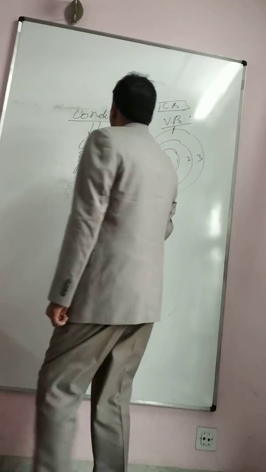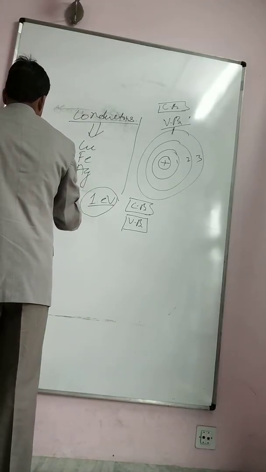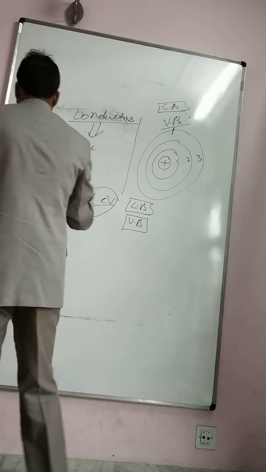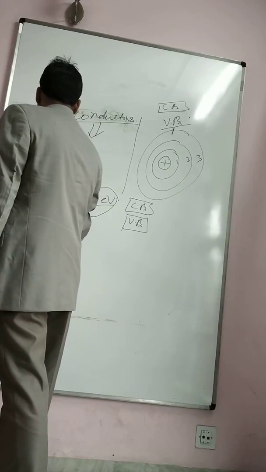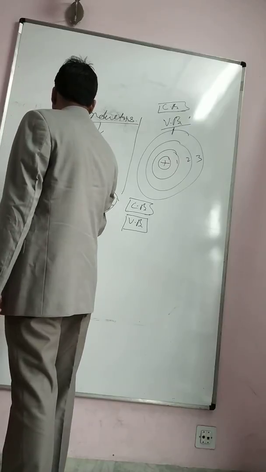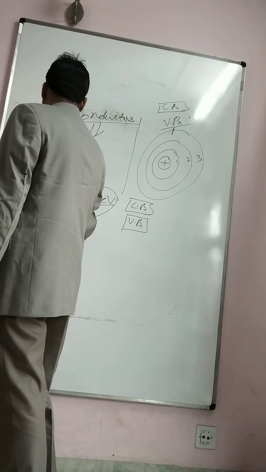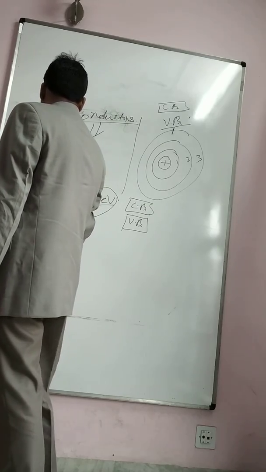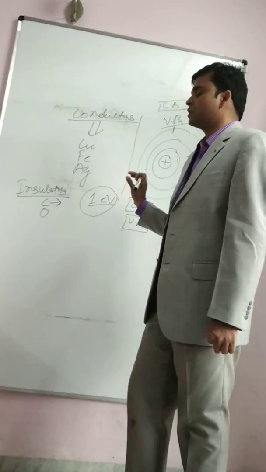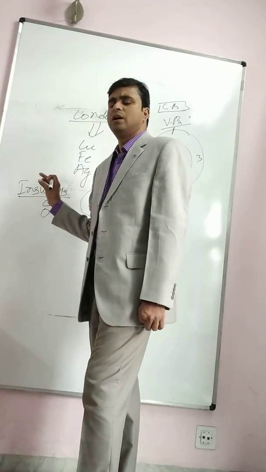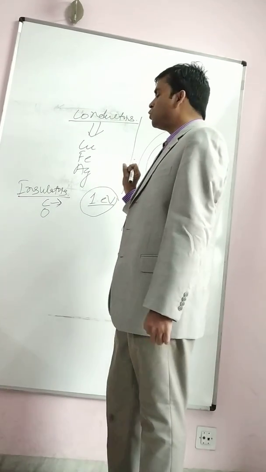And for insulators, like carbon, oxygen, rubber, glass and other non-metals, all are considered insulators.